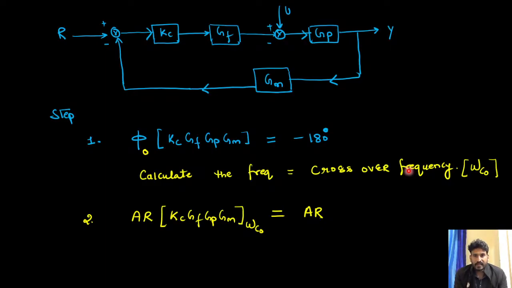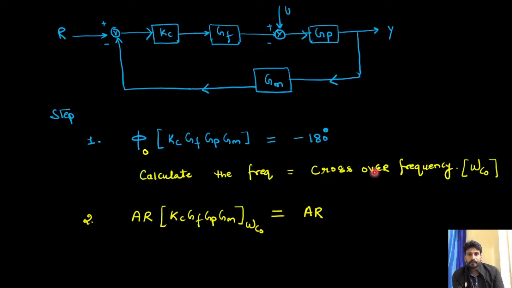And that frequency is called crossover frequency. Okay, done. Now we have the open loop transfer function. Now calculate the amplitude ratio of that open loop transfer function. Amplitude ratios are the multiplication of the individual transfer functions. So first calculate the individual amplitude ratio for each and every transfer function and multiply.